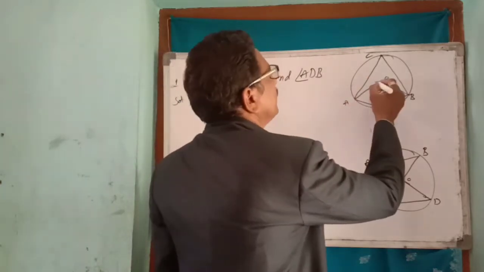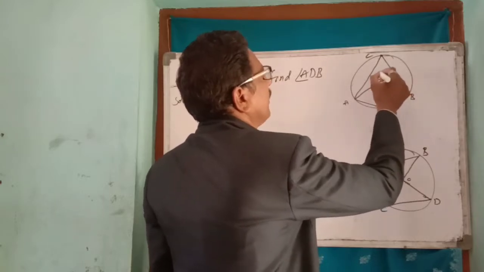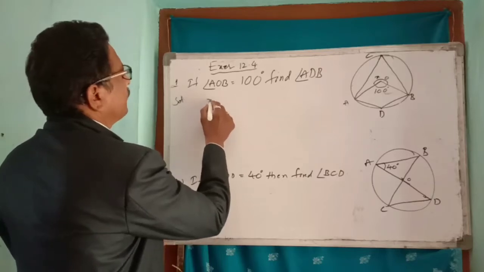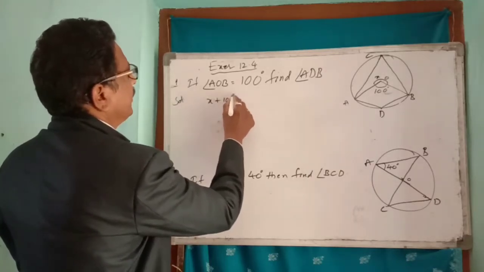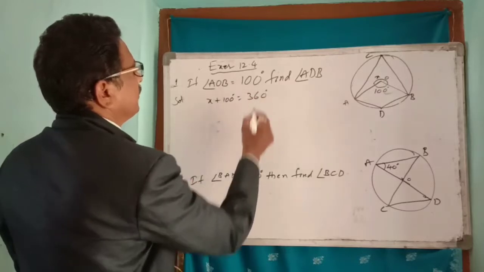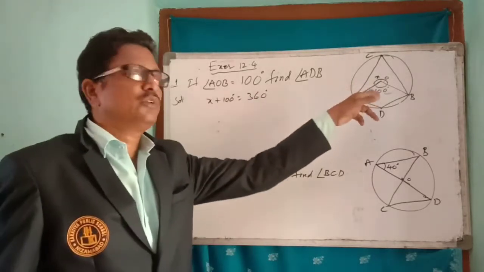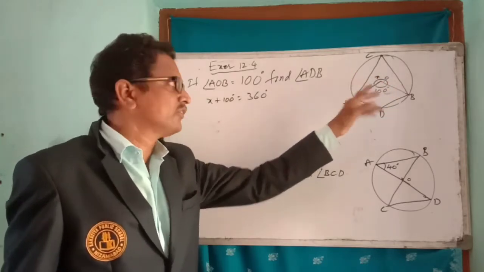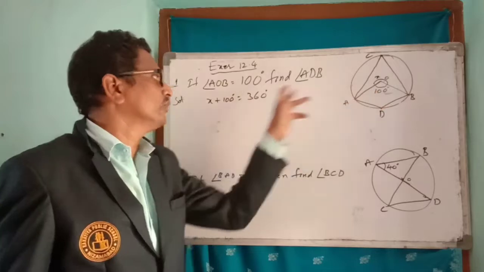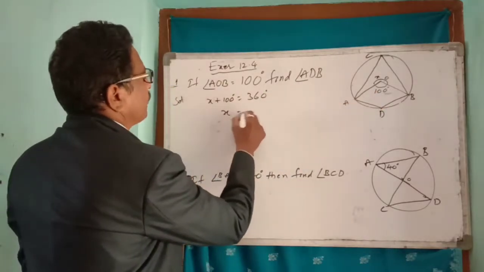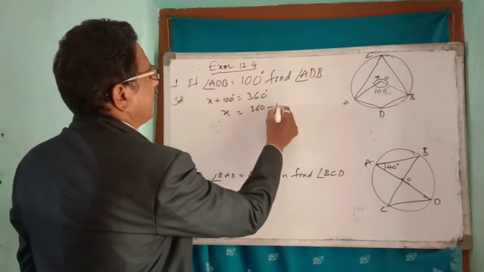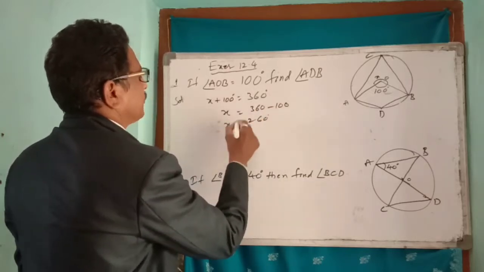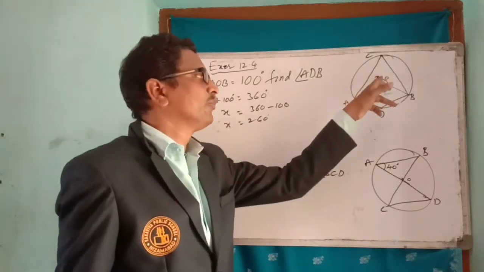So suppose the angle here is X. So X plus 100 degrees equals 360 degrees. From this, X equals 360 minus 100, which is 260 degrees. This is X.